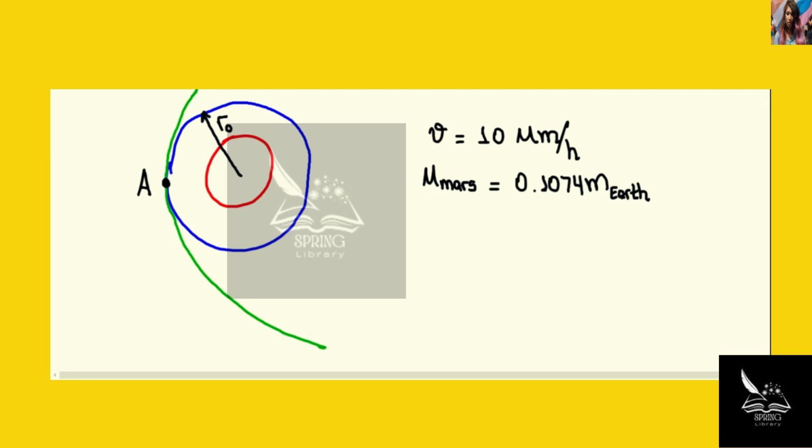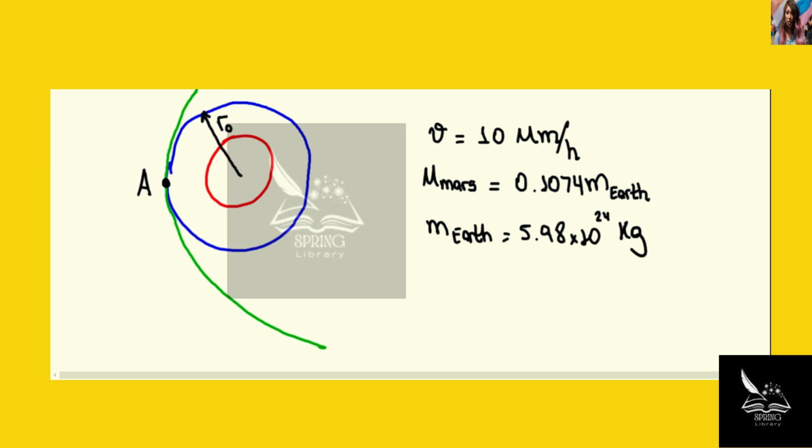Mars is the red circle here. The mass of Mars is equal to 0.1074 times the mass of the Earth, and we know that the mass of the Earth is equal to 5.98 times 10 to the 24 kilograms.